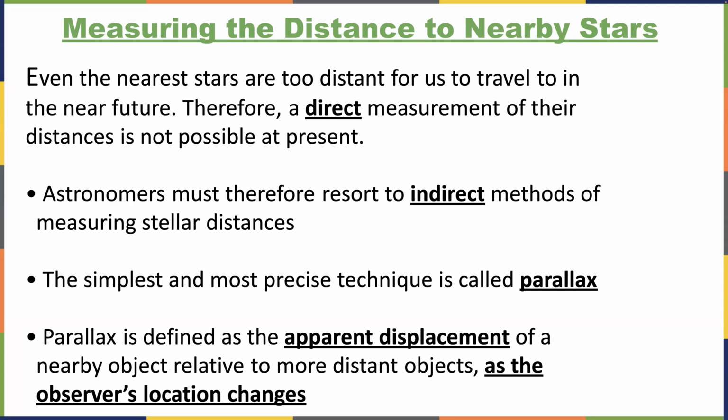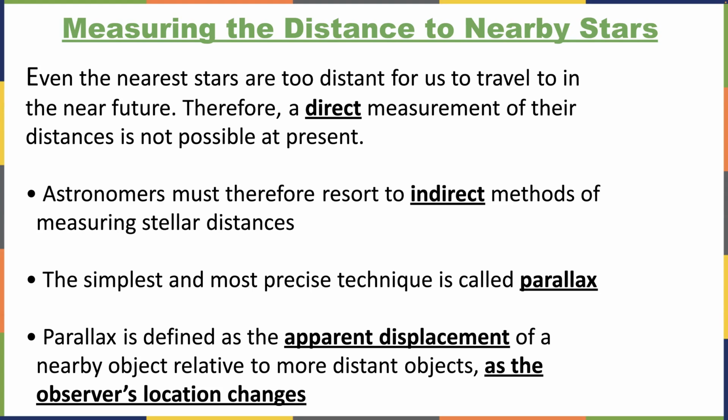Now, remember that measuring distances is a completely different subject in astronomy. You have to use different techniques to measure the distances, and you need updated technology. Also, measuring distances at different levels in astronomy is different.